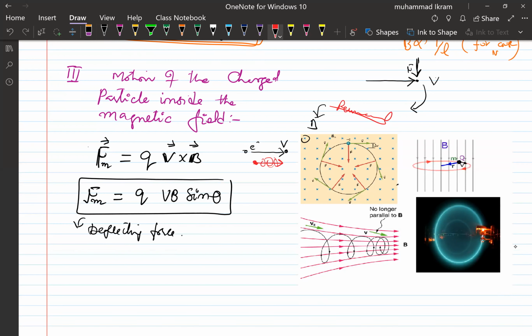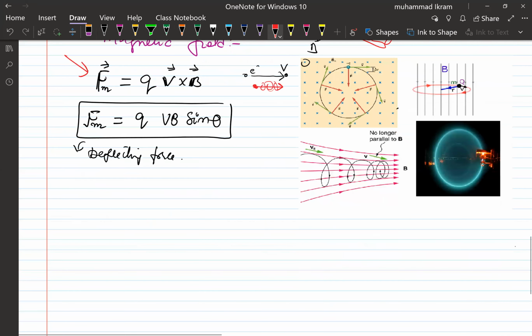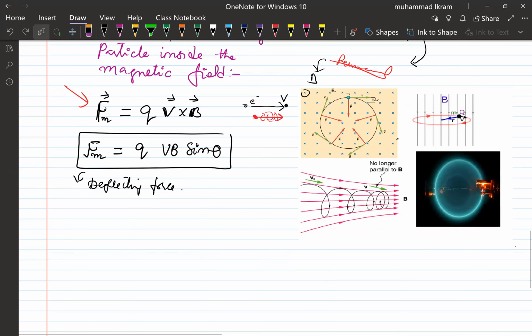So when the two magnetic fields interact together, they give rise to a kind of mechanical force which we call the magnetic force, because it is the result of the two magnetic fields. And it acts in a direction perpendicular to the direction of the motion of the charged particle, and the charged particle tends to move around a circular path.